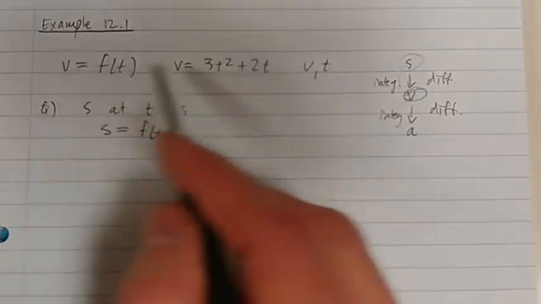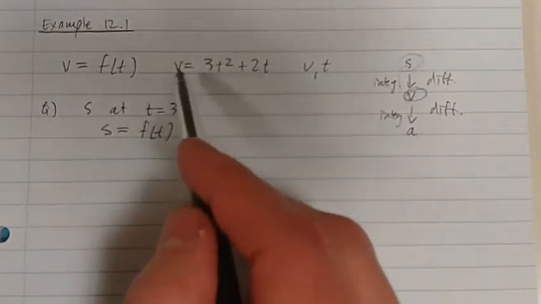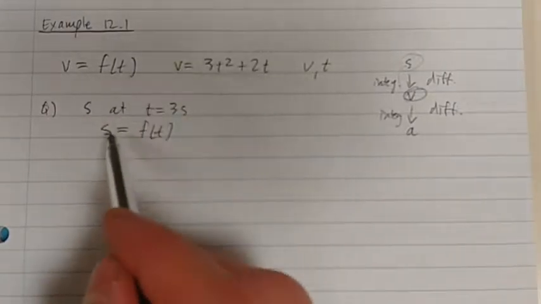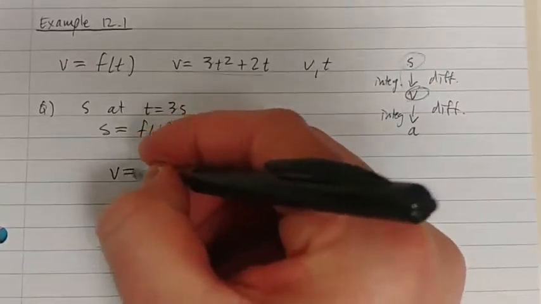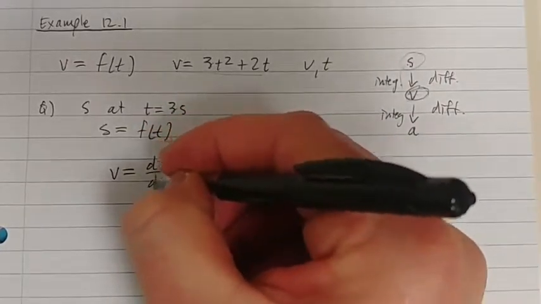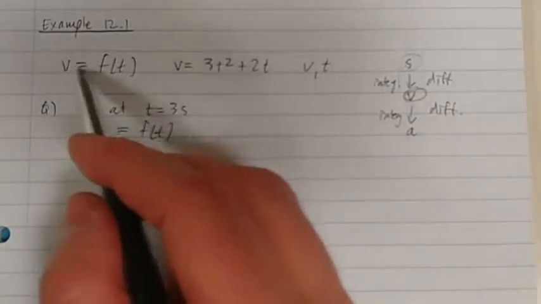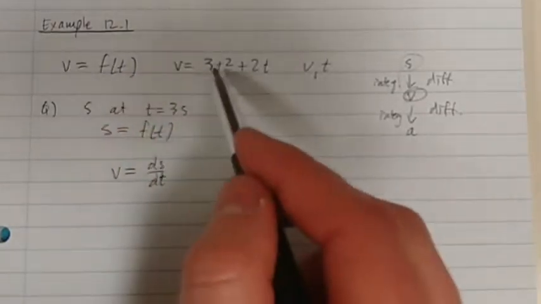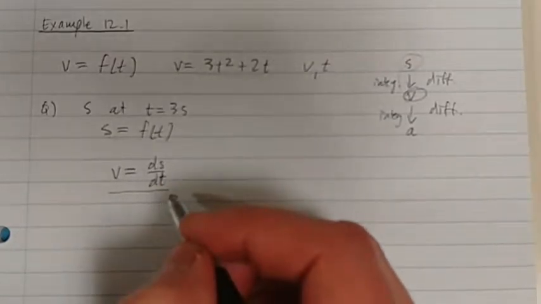We've got velocity and time, and position and time. So we need to use the equation v = ds/dt, which relates v, t, and s. That's one of our fundamental equations, if you recall.